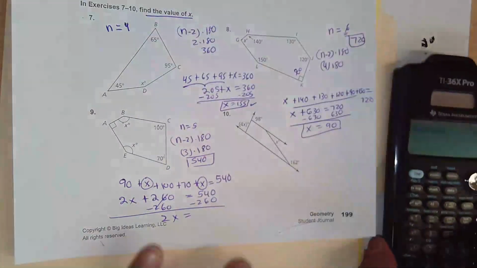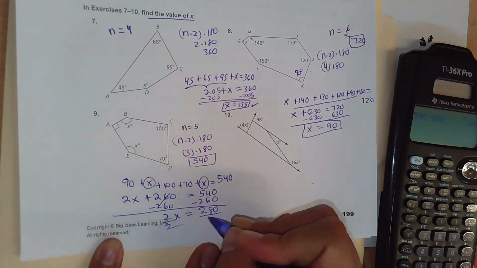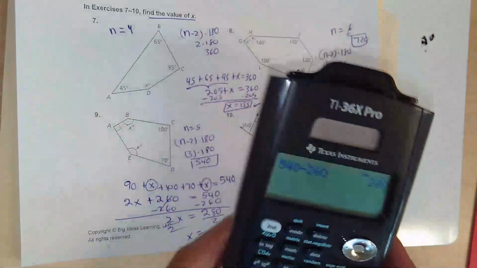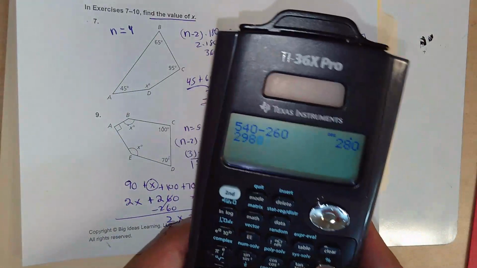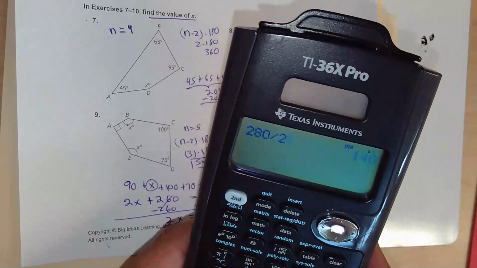We get 280. We divide by 2 and we get x equals 280 divided by 2, which is 140.